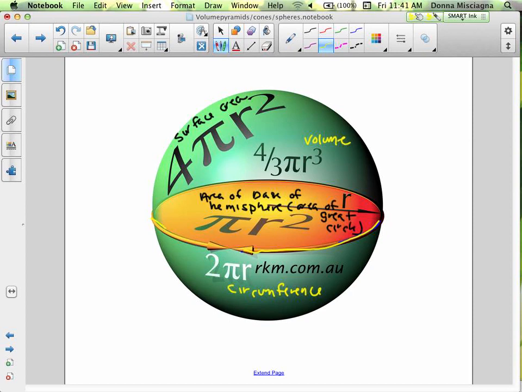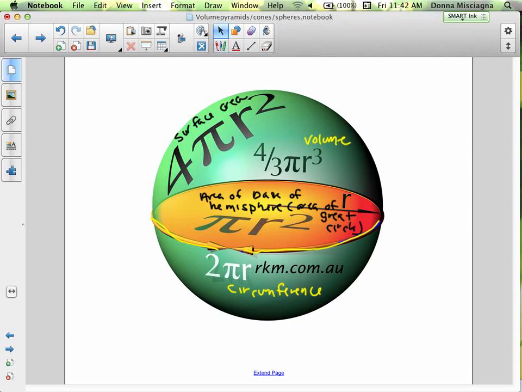So right here, that's going around the sphere. That'd be circumference. That'd be 2 pi r. If we look at the area of that circle we've created, that would be pi r squared, and that's the great circle. Our famous great circle.